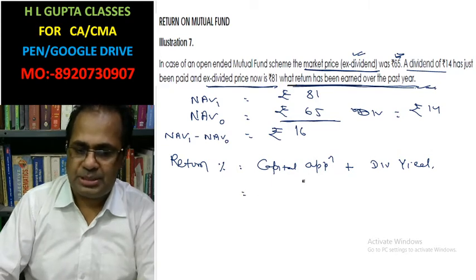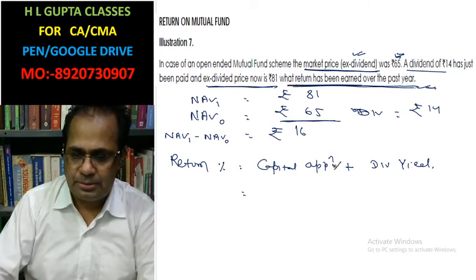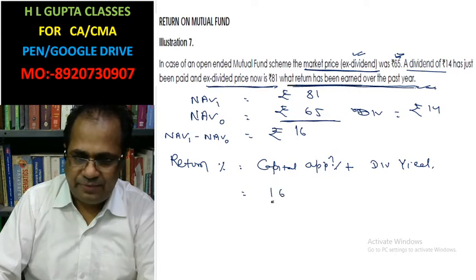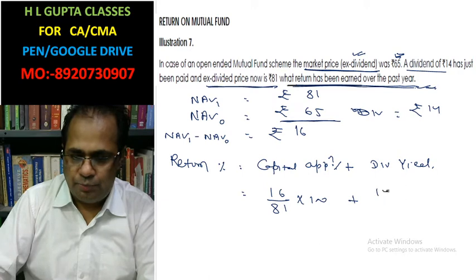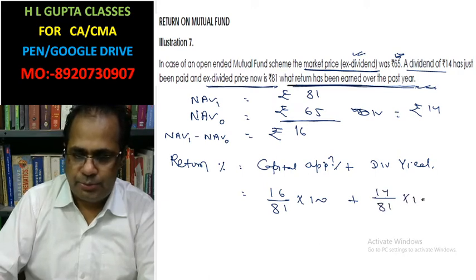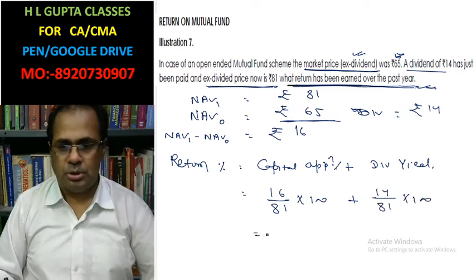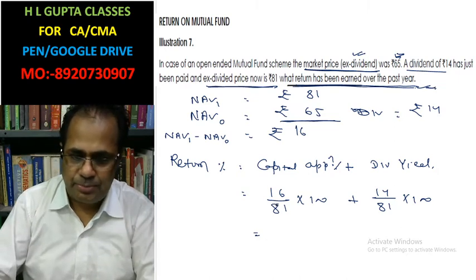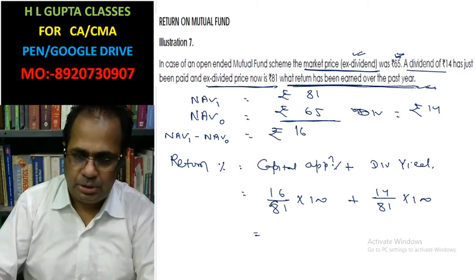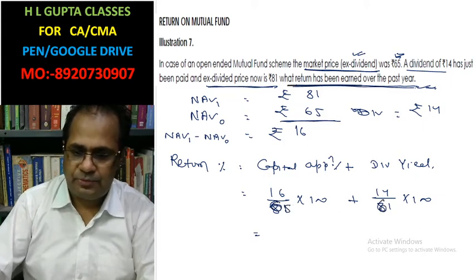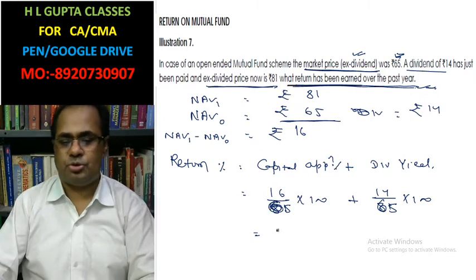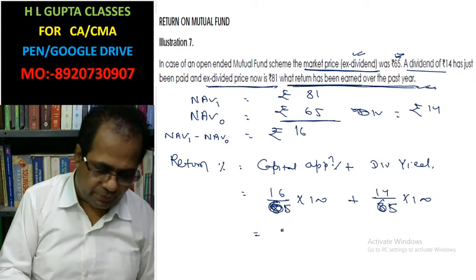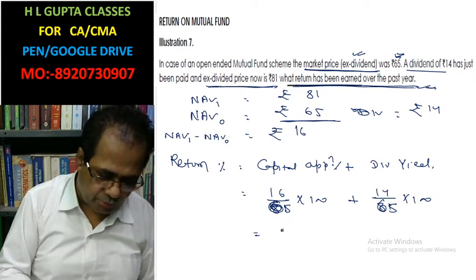The return percentage is calculated as 16 divided by 81 into 100 plus 14 divided by 81 into 100. Not 81, this is 65, because the initial price is 65. The initial price should be taken. Now divide by 65 into 100.